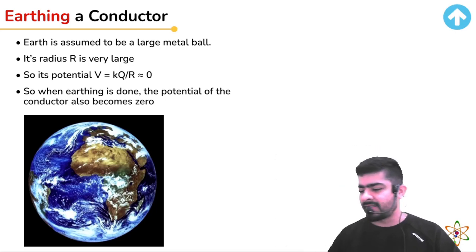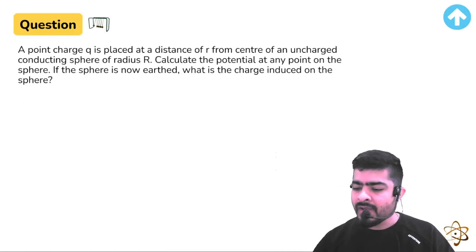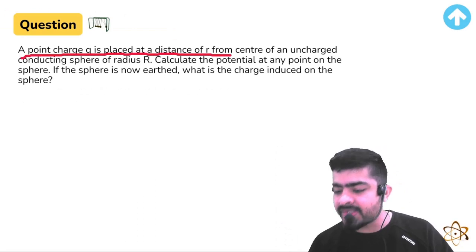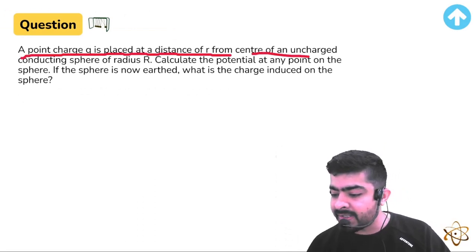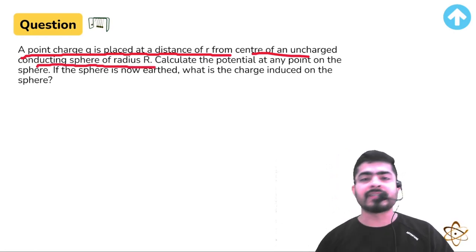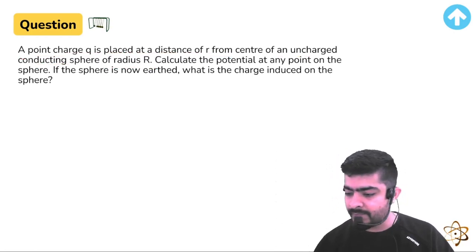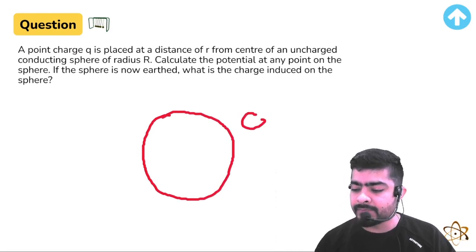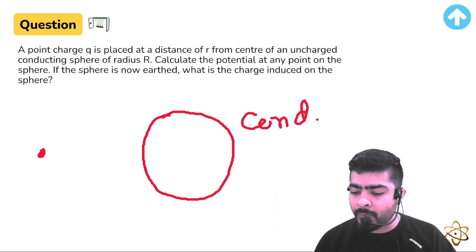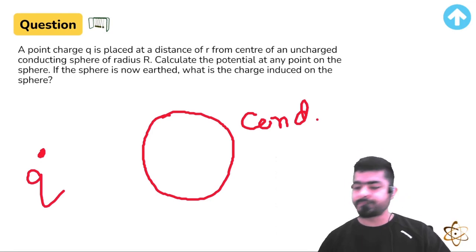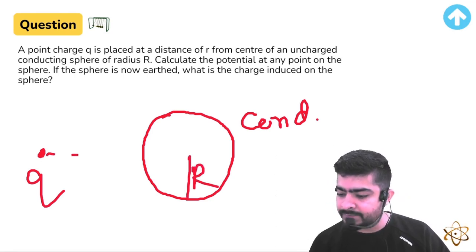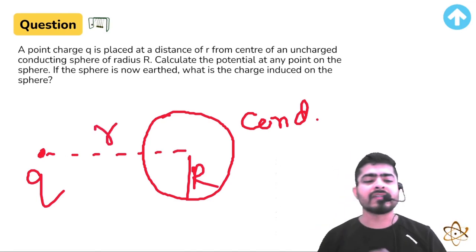All right, let's continue. So solve this question now. A point charge q is placed at a distance r from the center of an uncharged conducting sphere of radius R. Okay, so here you have a conducting sphere and we have a point charge q over here. The radius is capital R and this distance is small r.